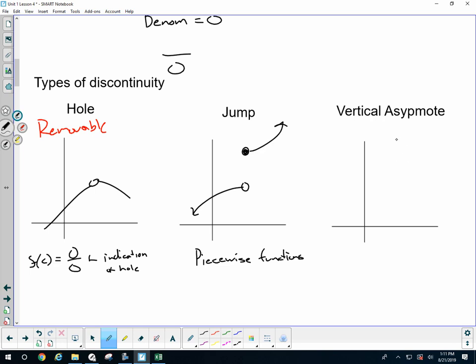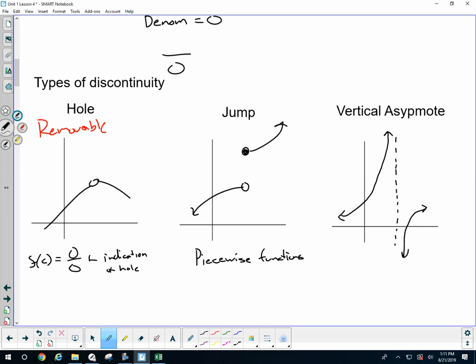A vertical asymptote. When we don't have a function value, but our function will be approaching that and either trending up towards positive infinity or down towards negative infinity. We will look more into asymptotes and vertical asymptotes next class.